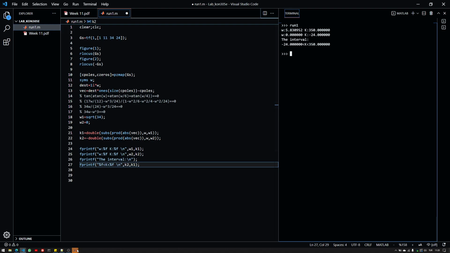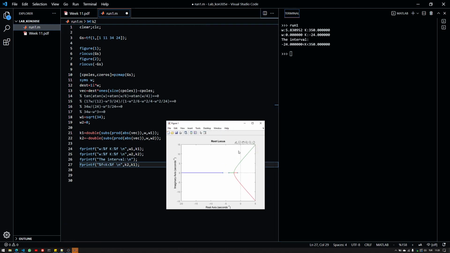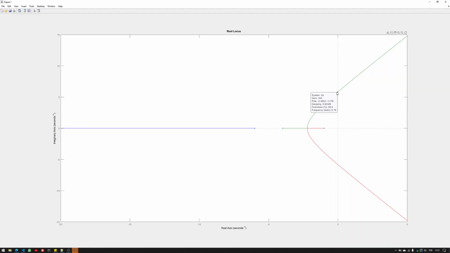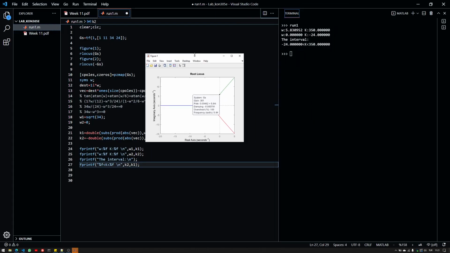So now let's click on the root locus and see that, as you can see, it is roughly 350. Yeah, it's basically 350. We can see that. Sometimes it's really hard to click if your mouse isn't a high precision mouse. So yeah, we can see that it is approximately the value that we've calculated here.